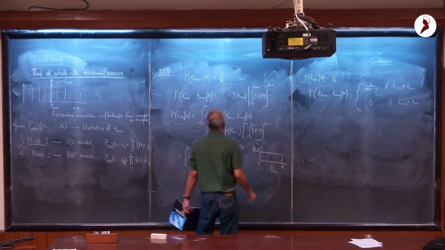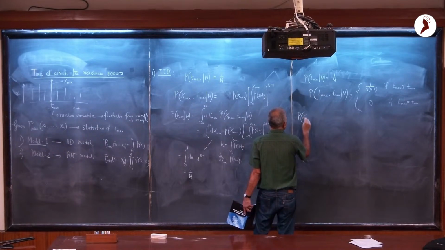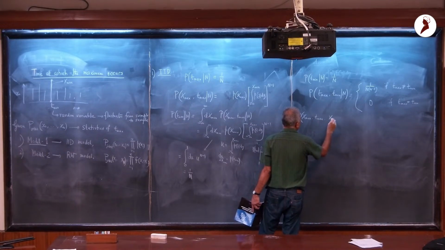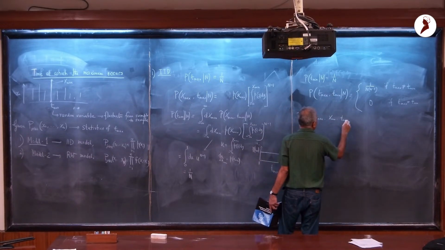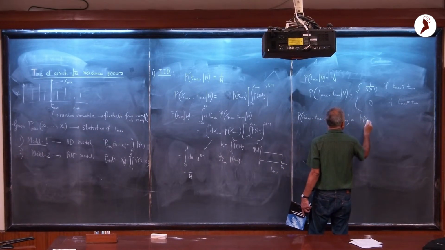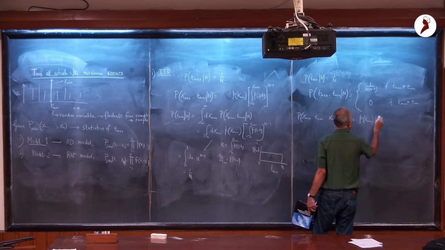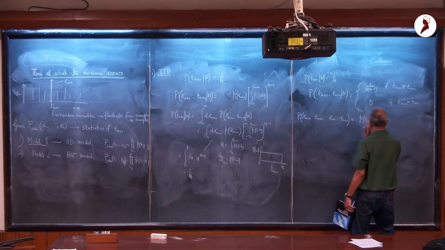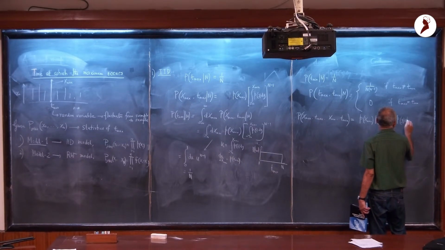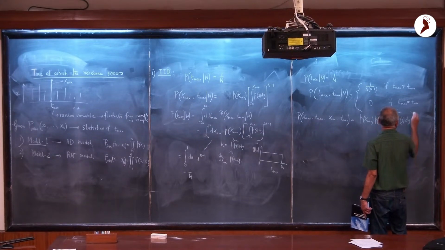So the joint distribution of x max, t max, x min, t min is just p of x max, p of x min, and then you fix one guy at x max, you fix one guy at x min, and the rest of them have to lie between x min and x max, and there are n minus 2 of them.